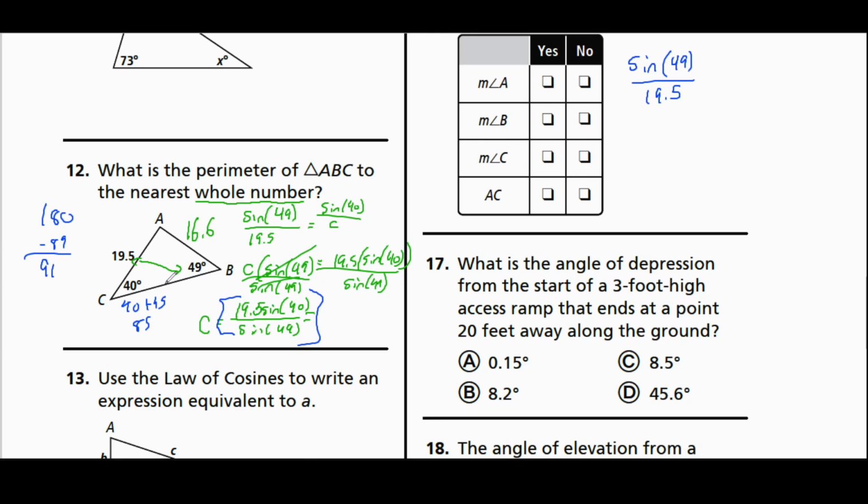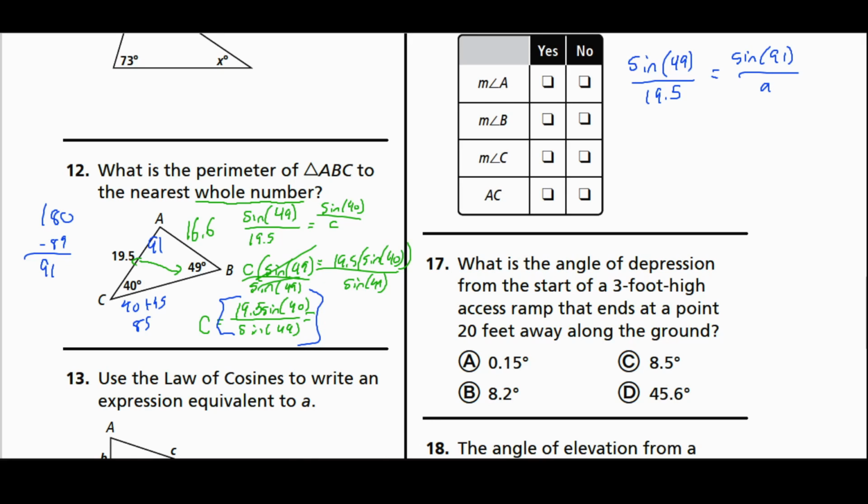All right. So now that I know A is 91, my right-hand side is going to be the sine of 91. Unfortunate that it's 91 and not 90, because then we would already know that's a 1 on top, over my unknown, or my little a.